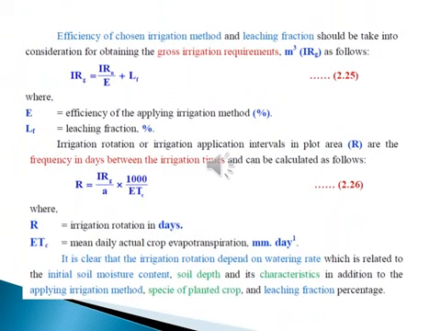Efficiency of the chosen irrigation method and leaching fraction should be taken into consideration for obtaining the practical gross irrigation requirements as shown in the enclosed equation. On the other hand, water rotation or cycle irrigation application interval in the plot area is the frequency in days between irrigation times and can be calculated by the following specialized equation.